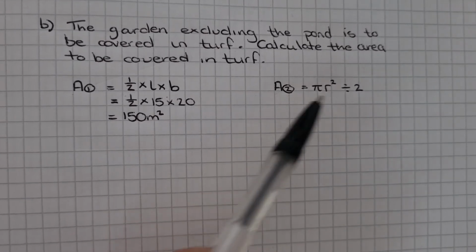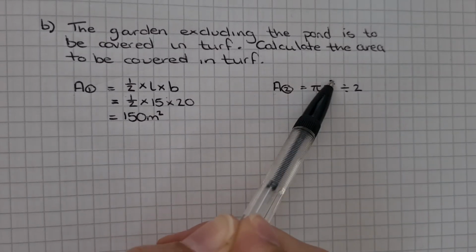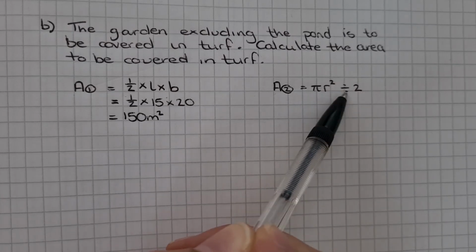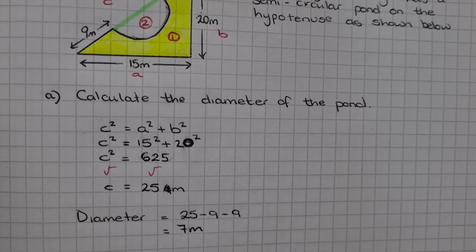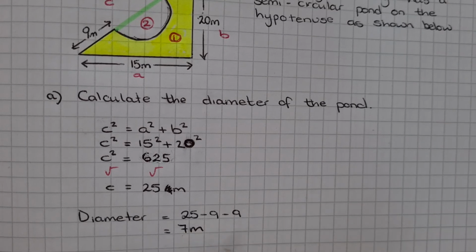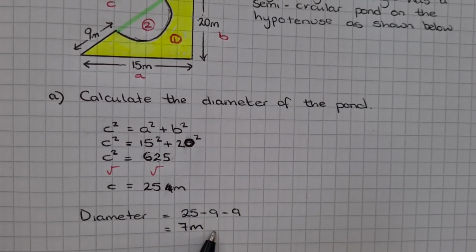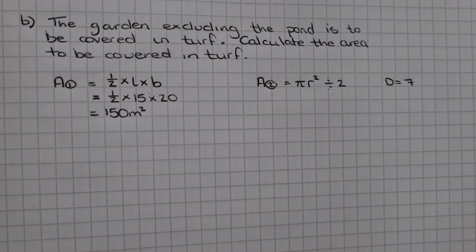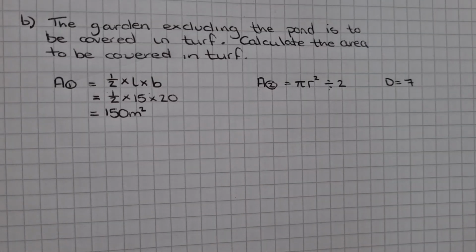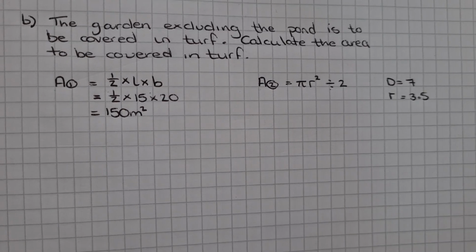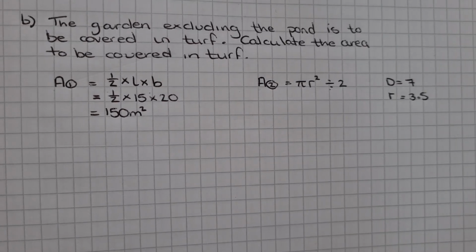Then we're going to look at calculating area 2. So it's a semicircle, which means it's pi r squared halved. So pi r squared divided by 2. Now for the formula, we need a radius, but all we know is the diameter, because we worked out that the diameter is 7 metres. So if the diameter is 7 metres, to get the radius we just need to half it. So the radius would be 3.5.